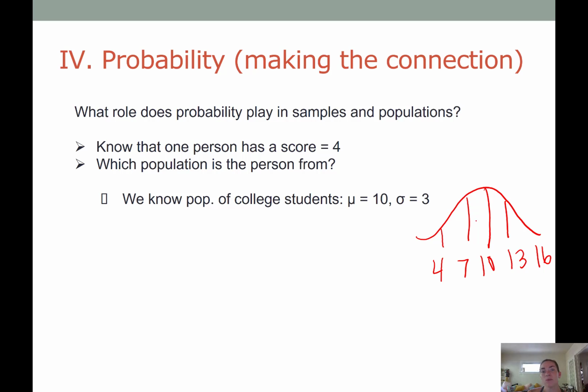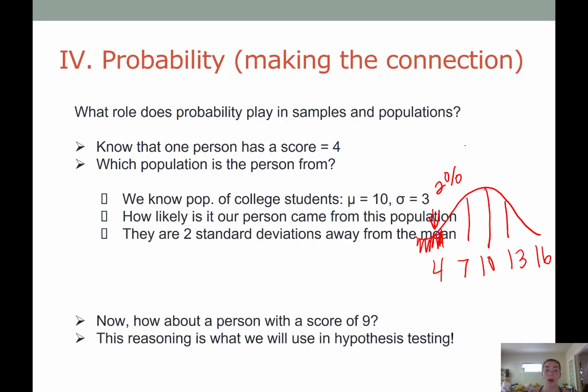A person with a score of 4 is only about 2% likely to fall on this distribution, because only 2% of college student scores fall out in that tail, or are less than 2 standard deviations below the mean of the distribution. So is this person likely to be a college student? Probably not.